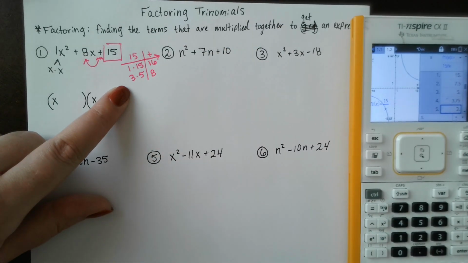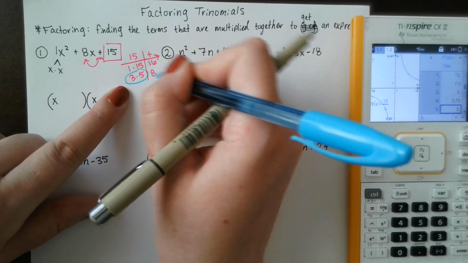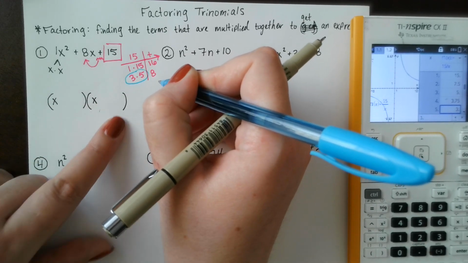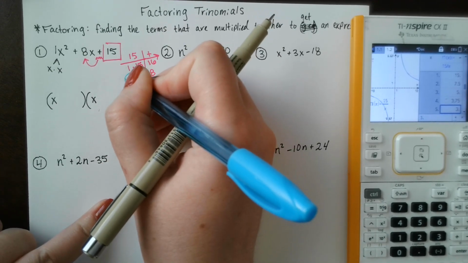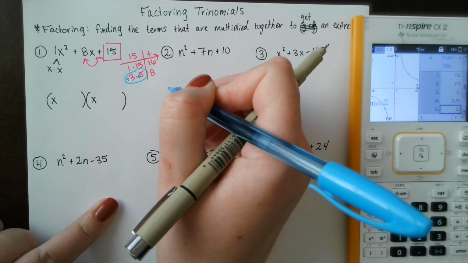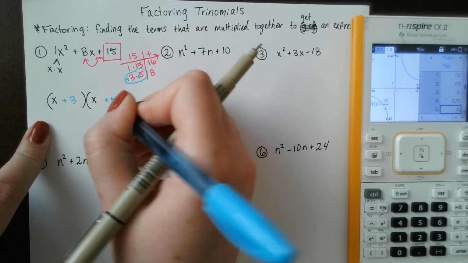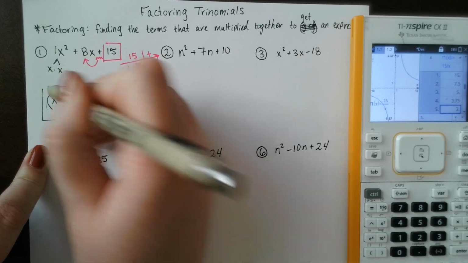Well, that's 8. And because those are the two numbers that gave me 8, that means those are the two numbers that go in my parentheses. Just notice that was a positive 3 and a positive 5 that we added together. So I'll put a plus 3 and a plus 5. That is the factored expression.